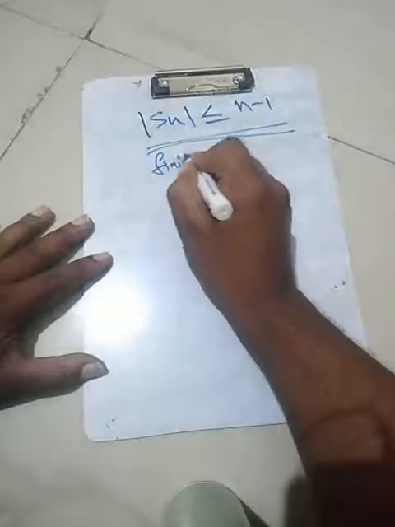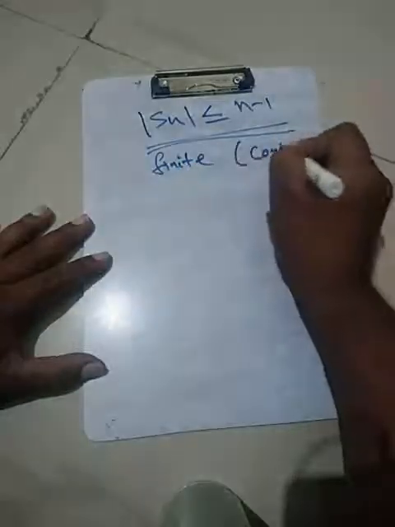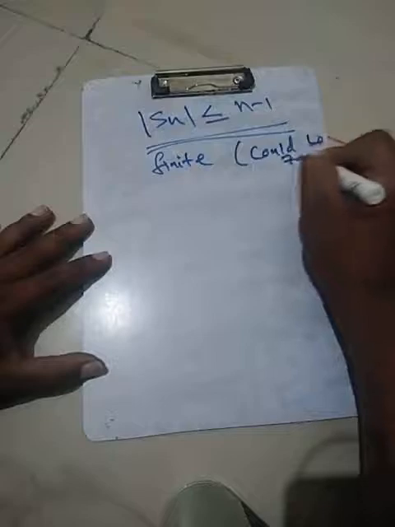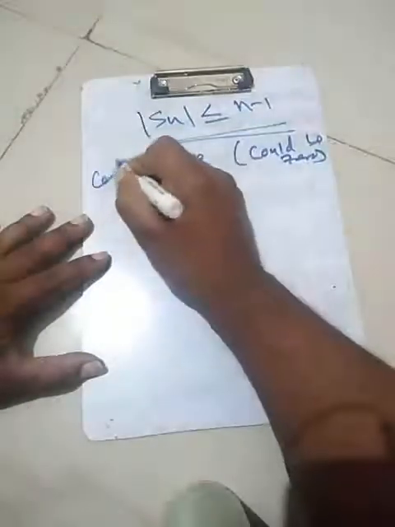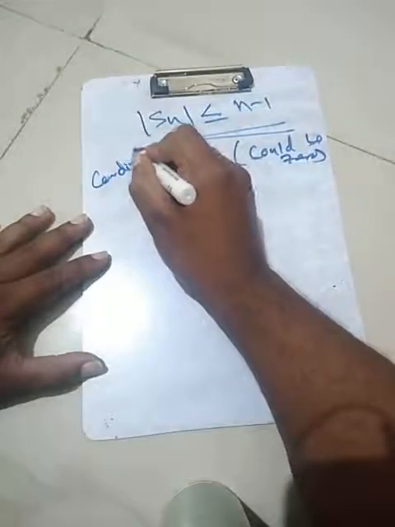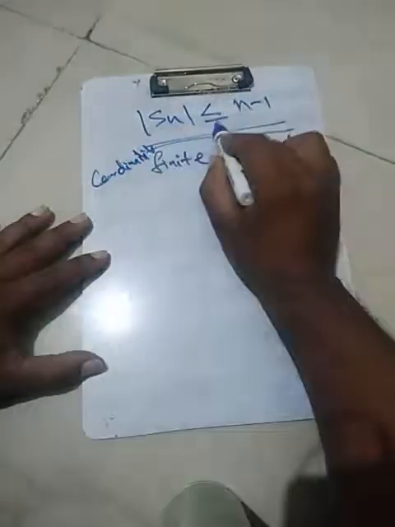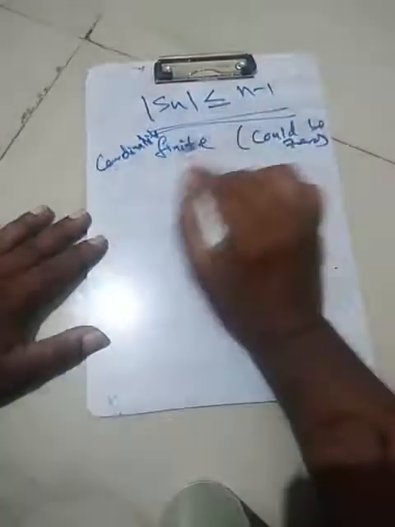Let's write that: the cardinality of Sn is less than or equal to n minus 1, which is finite. It could be 0 also. At the most, it could be n minus 1.